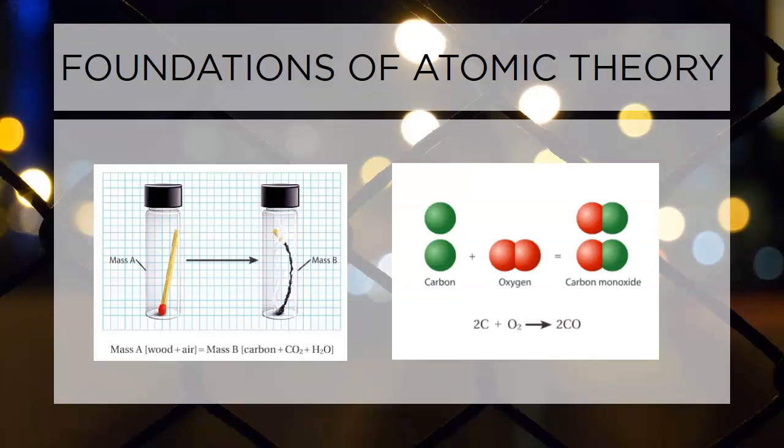And if I take the mass of the wood plus the air, and the mass of the carbon and those other gases, they should be the same both before the match burn and after. So we're going to do a chemical reaction in the lab to show that the mass does remain the same before and after a chemical reaction.